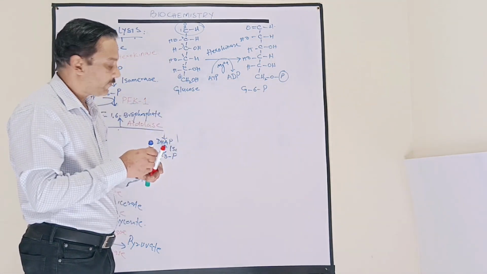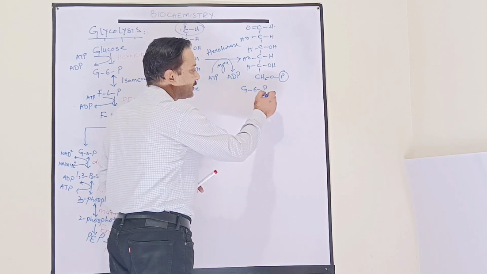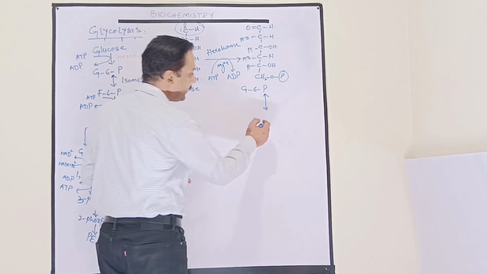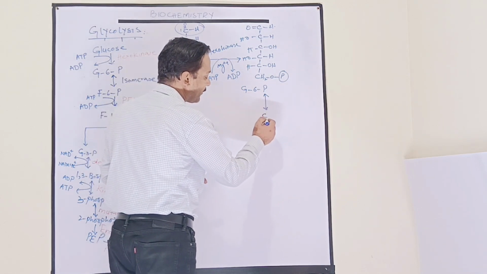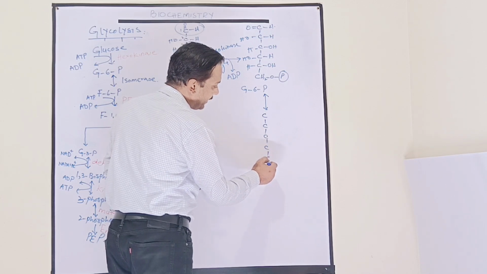Now glucose 6 phosphate in the next reaction is converted, by a reversible reaction, into fructose 6 phosphate, which is an isomer of glucose 6 phosphate. As you know, fructose is also a 6 carbon sugar: 1, 2, 3, 4, 5, and 6.